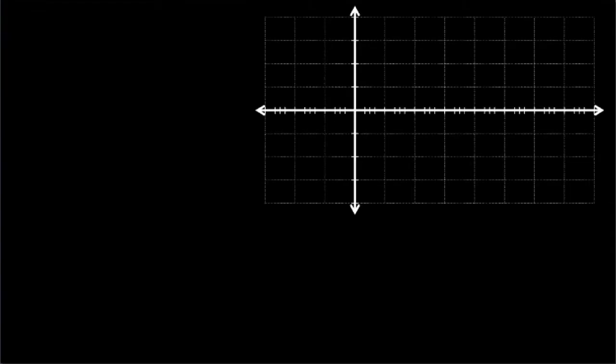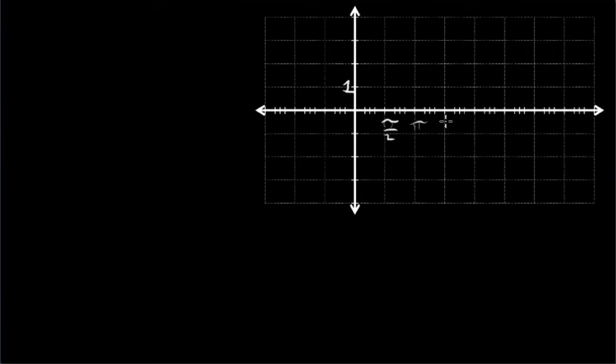Now I need to explain the graph paper I'm looking at, because this is the traditional trig graph paper, and it looks a lot different than coordinate grid paper, but it's not different. When I look at this graph paper, this right here is 1. This is not 1. This is pi over 2.